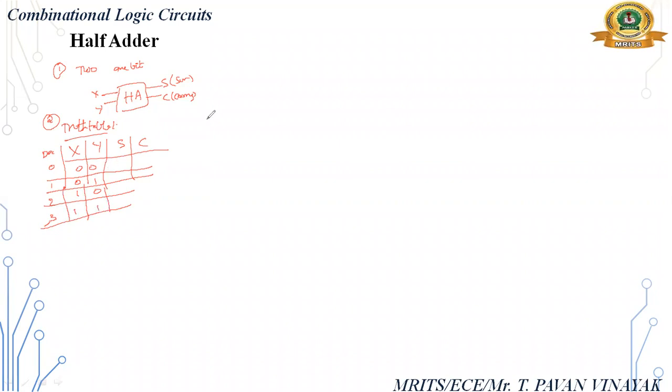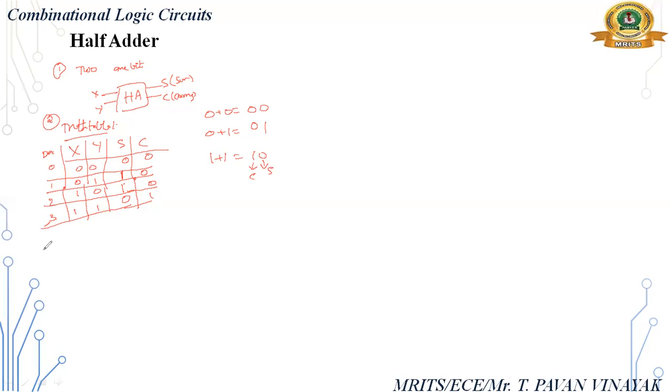So 0 plus 0 means 00. 0 plus 1 is 01, sum is 1, carry is 0. Next, 1 plus 0 is 01. 1 plus 1 means 10: this is the carry and this is the sum, so sum is 0, carry is 1. So the truth table is written.